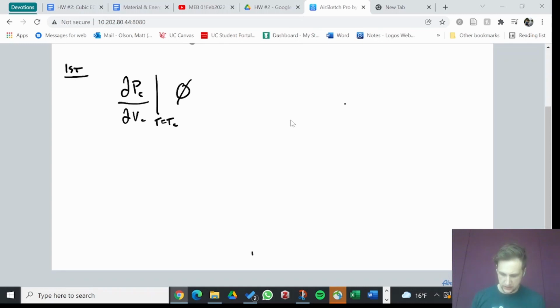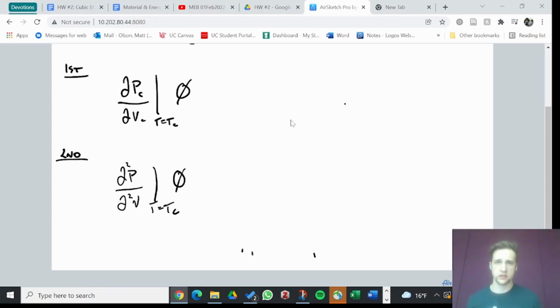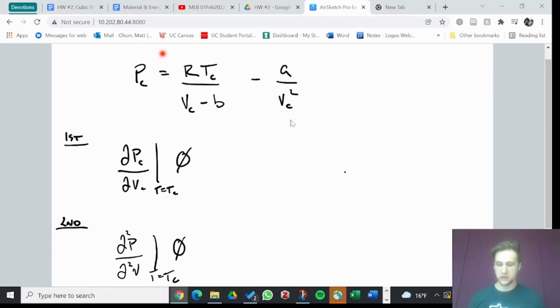And then the second derivative is going to be the second partial derivative of pressure with respect to the volume, again where the temperature is equal to the temperature at the critical point, and that derivative is also going to be set to 0 because that's where the second derivative showed the inflection points when set to 0. So now we're going to take the derivative of this here, and that's our equation of state. We're going to take the first and second derivative of that equation. And so let's go ahead and do that now.